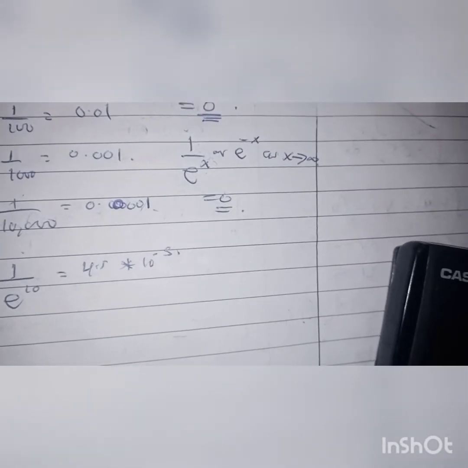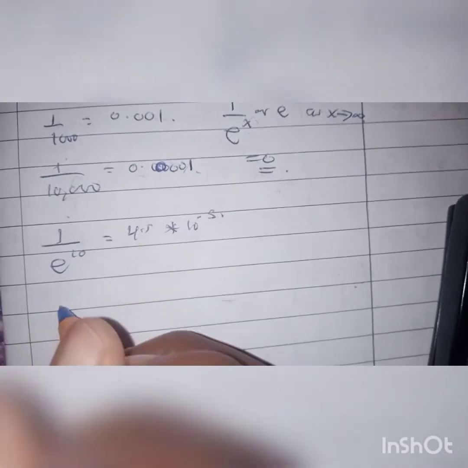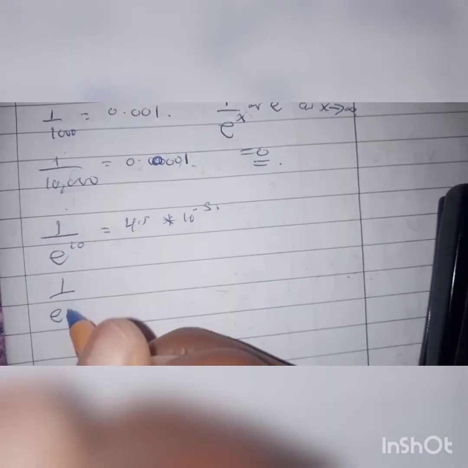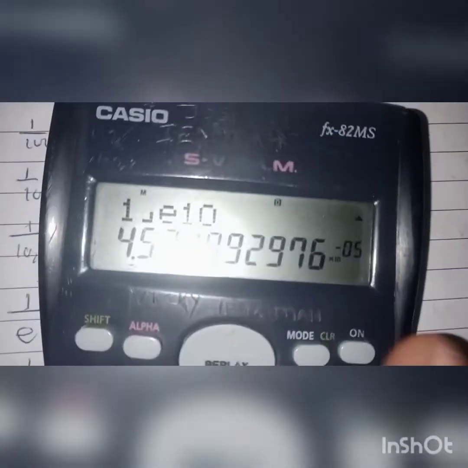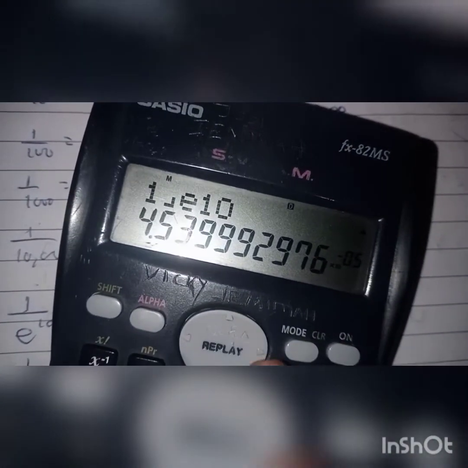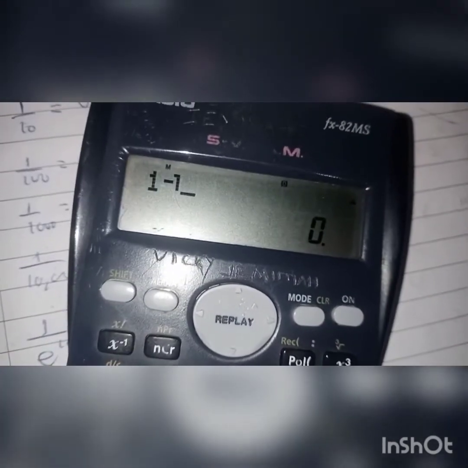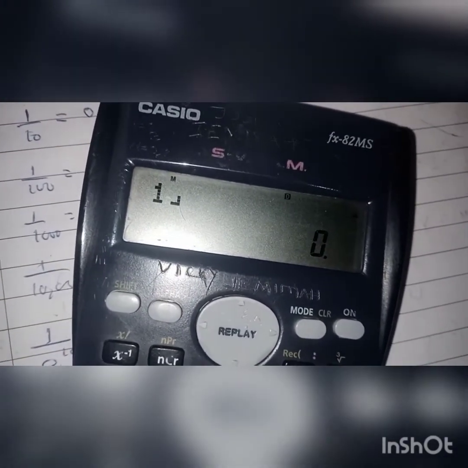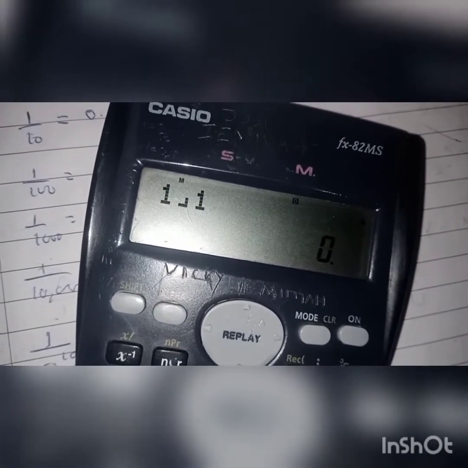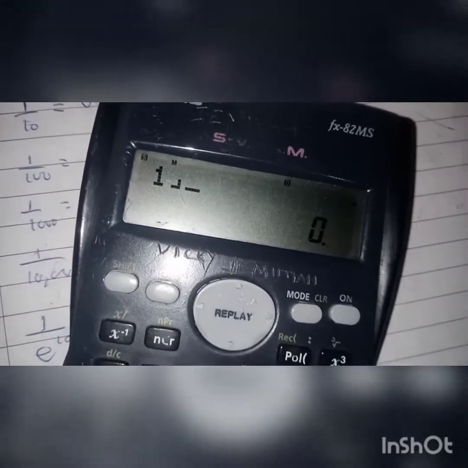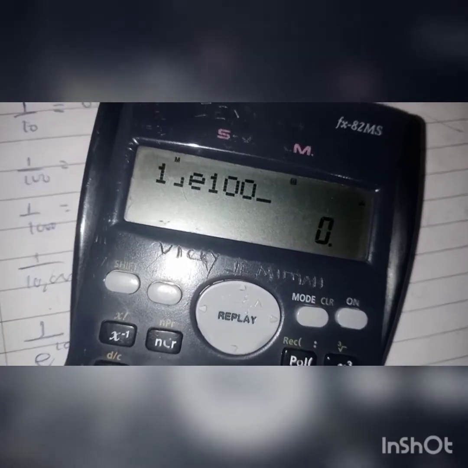Now, what happens as x approaches infinity? So let's assume x equals 100. What is going to happen? So key in 1 over, shift exponential power 100.